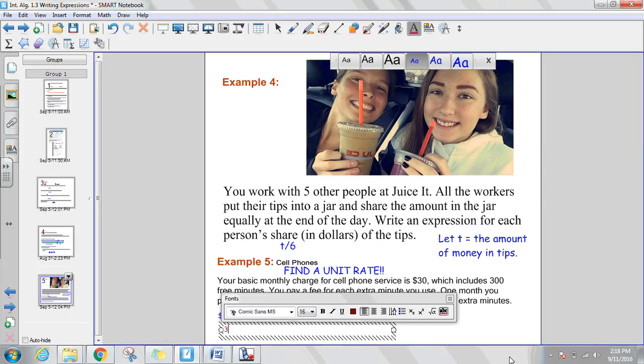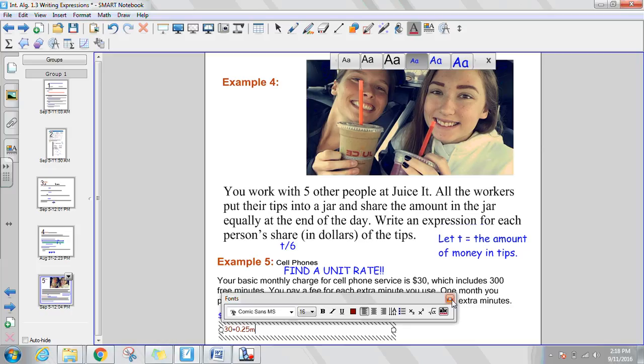So we start with 30 every month, and we're going to add on to it 25 cents times every minute. Let's call that M. So 25 cents for every minute plus the 30. That's our mathematical expression from that verbal model.